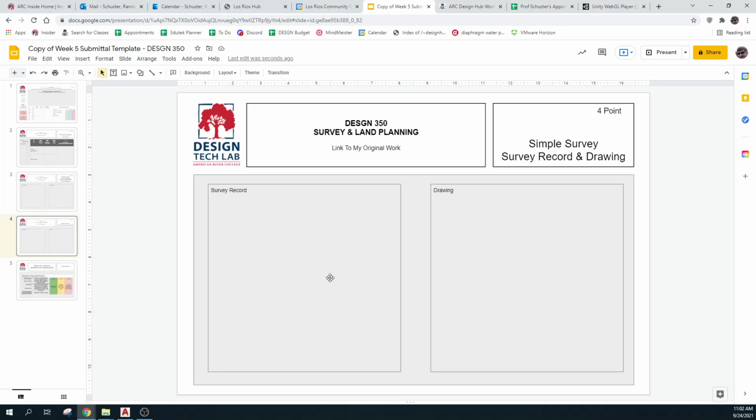Since this week all of the surveys are exactly the same thing over and over again, you're going to have one drawing with all of the surveys plastered on top of each other like I showed on Wednesday, but I want to see the multiple survey records that you've done. And depending on how those look, you can do that different ways.